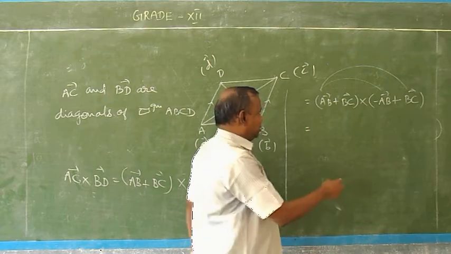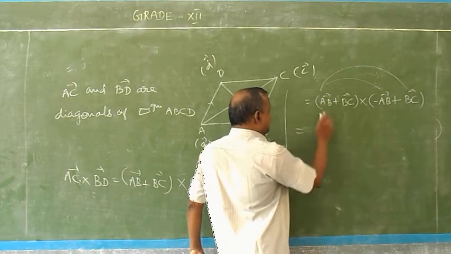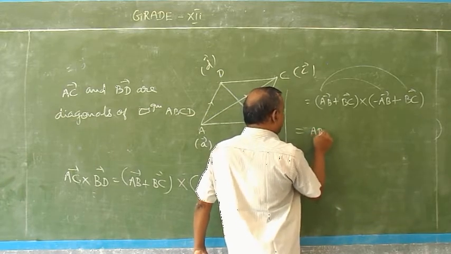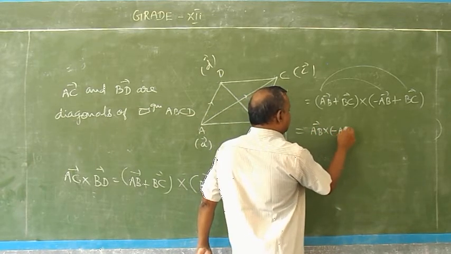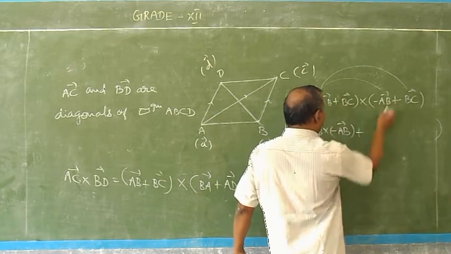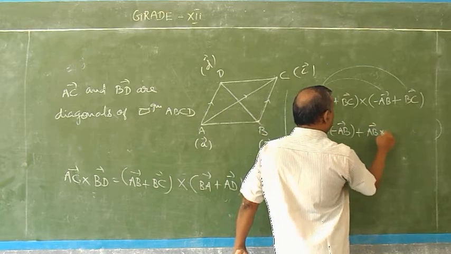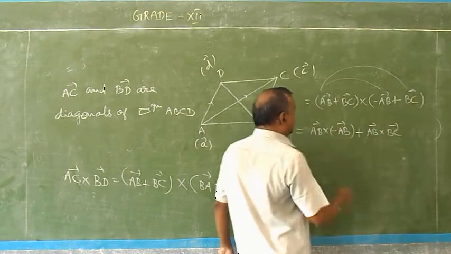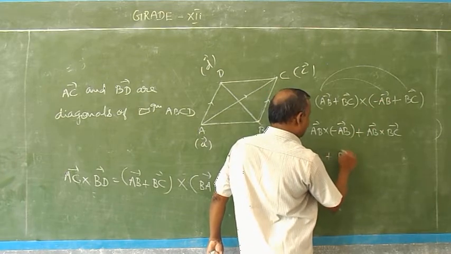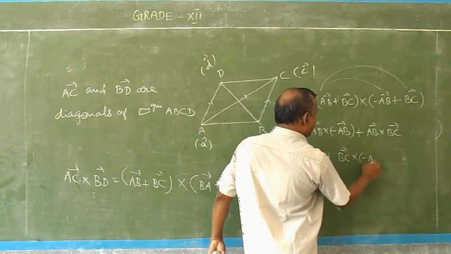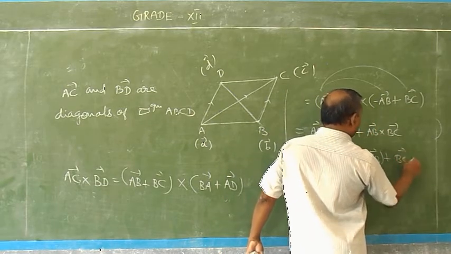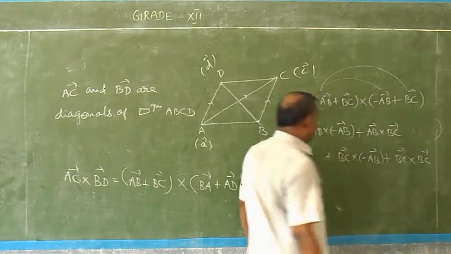Like this, we can distribute it: AB vector cross minus AB vector, next plus AB vector cross BC vector, next plus BC vector cross minus AB vector, plus BC vector cross BC vector.